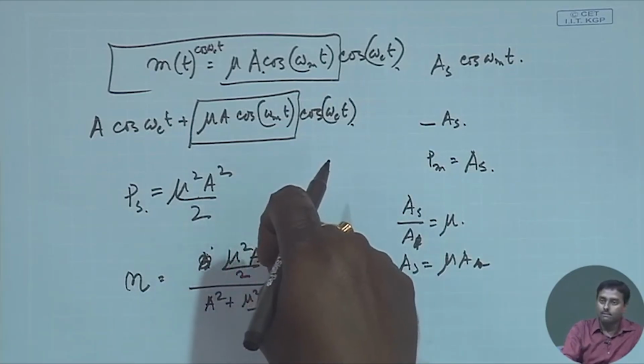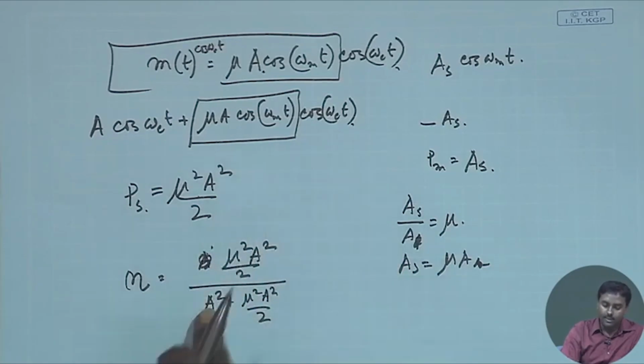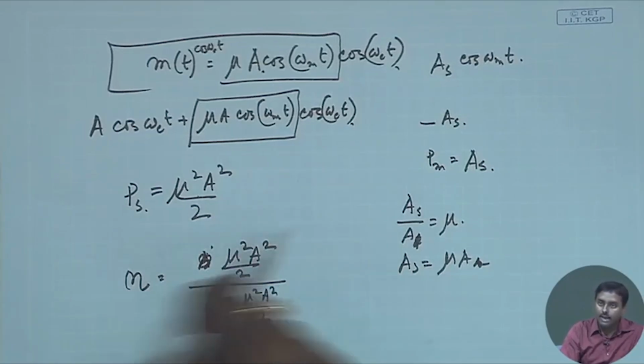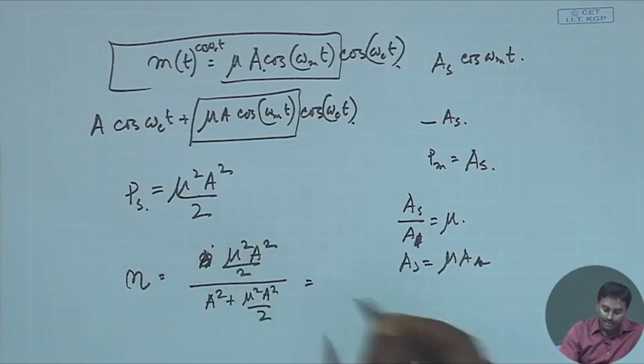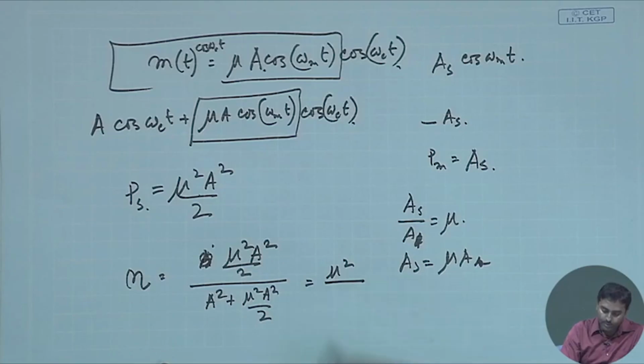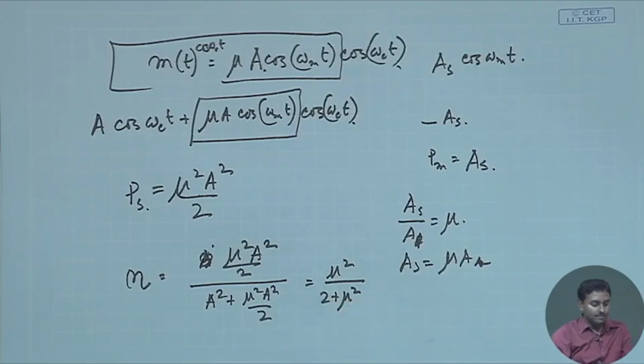That is PS divided by A square plus again PS. A can cancel out, so I get mu square divided by 2 plus mu square.